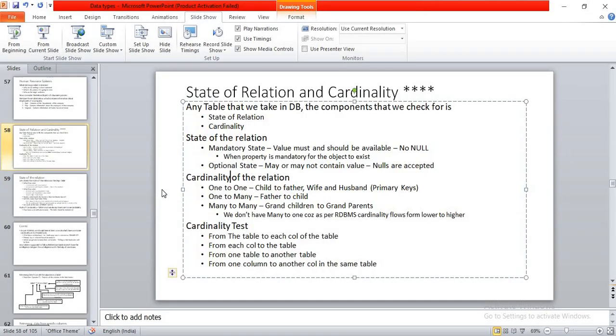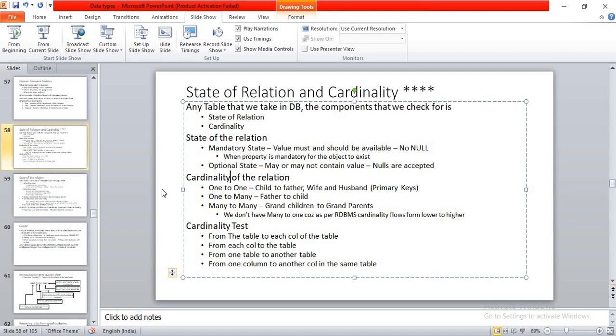Now, one to many: a father can have n number of children. That is why it is one to many, because a father can have many children. Now the other way around, many children can have one father. That is also there. Like for me, my dad has two, me and my sister.